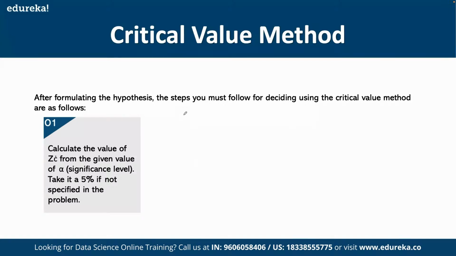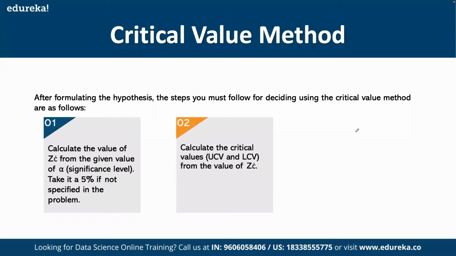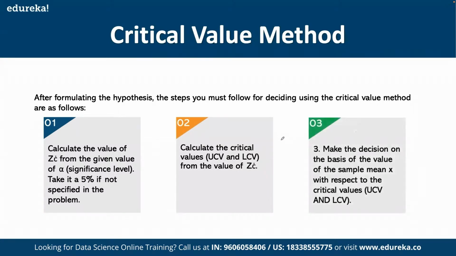Once we specify that, the next thing is to calculate the critical values, that is, the upper confidence value and the lower confidence value, from the value of Z. Once we calculate the critical values from the value of Z, we make a decision on the basis of the sample mean X bar with respect to the critical values, that is, the upper confidence value and the lower confidence value.